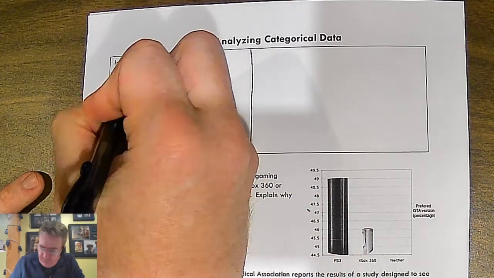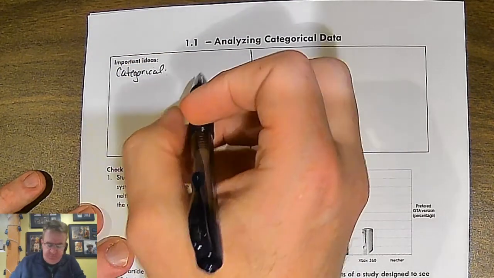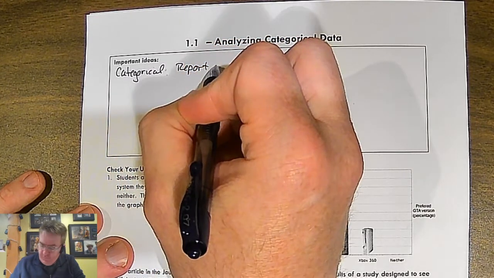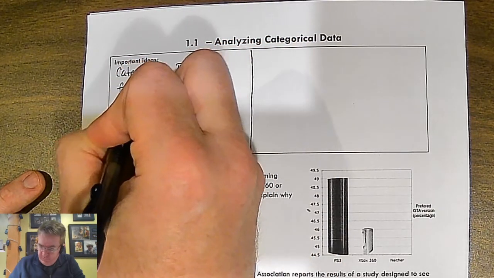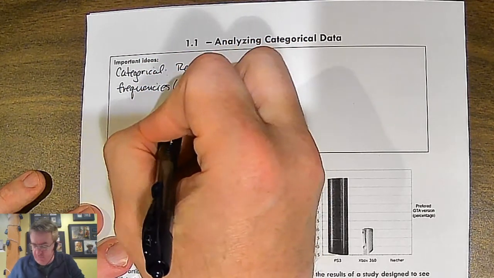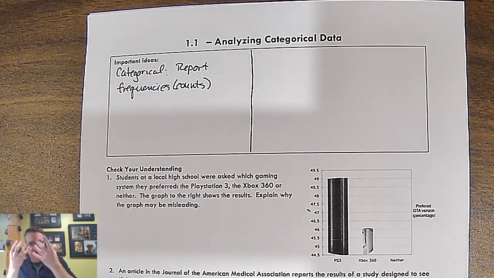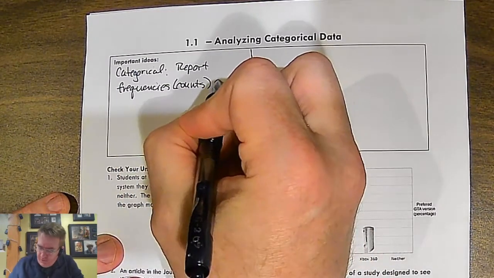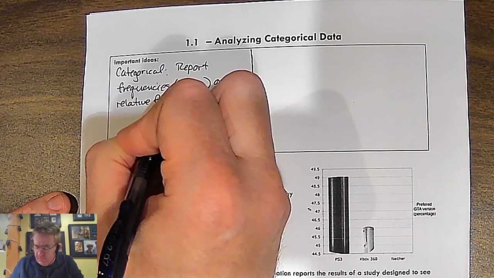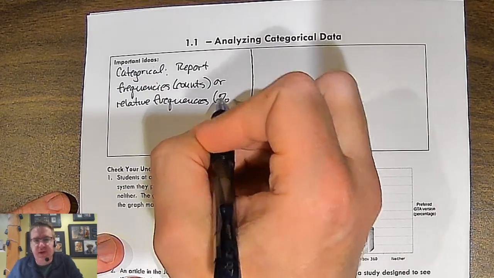Let's define categorical. Categorical data report either frequencies. What do we measure those in? That's going to be counts, so the actual physical number of how many things there are. You're going to need to use your fingers for that one. Or relative frequencies, which are percentages, fractions.